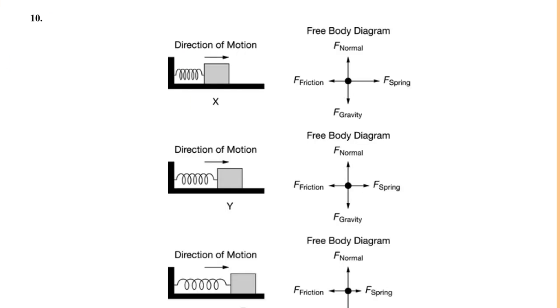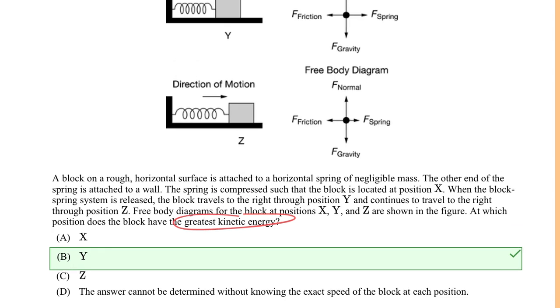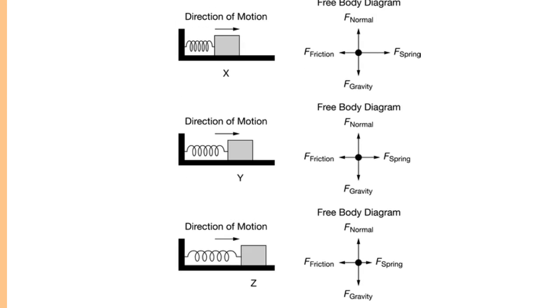All right, number 10. Number 10 asks us about kinetic energy: which position has the greatest kinetic energy. We want to figure that out using free body diagrams. These free body diagrams are predominantly different in that we have friction and the spring.